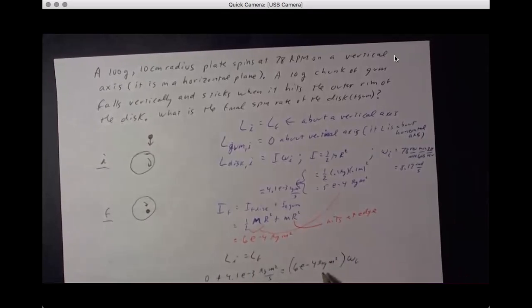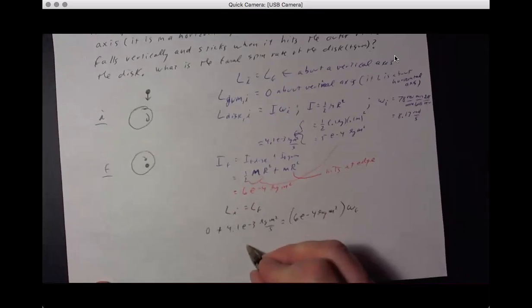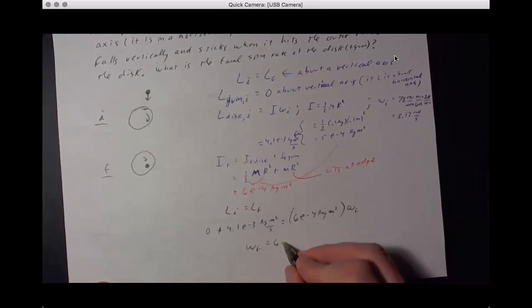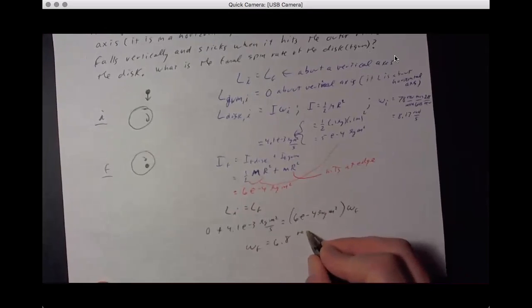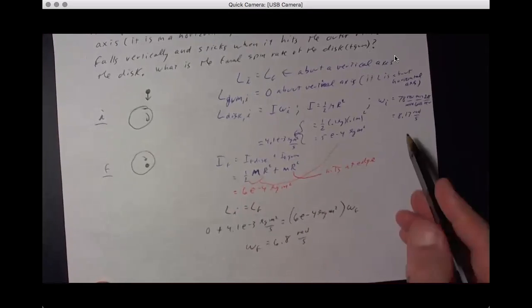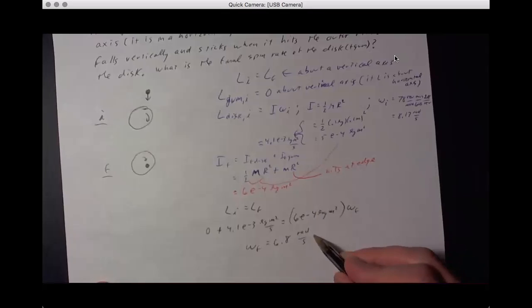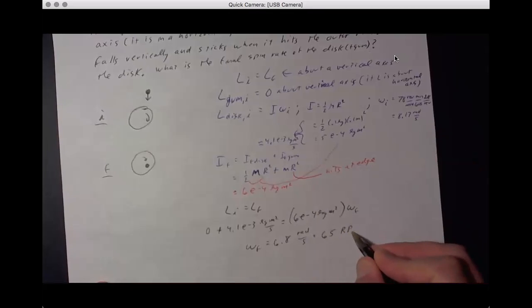And you divide both sides by that, and you get omega final is equal to 6.8 radians per second. It was 8.17, now it's 6.8. It's slowed down. If I convert it backwards the way I did here, I find it 65 revolutions per minute, RPM.